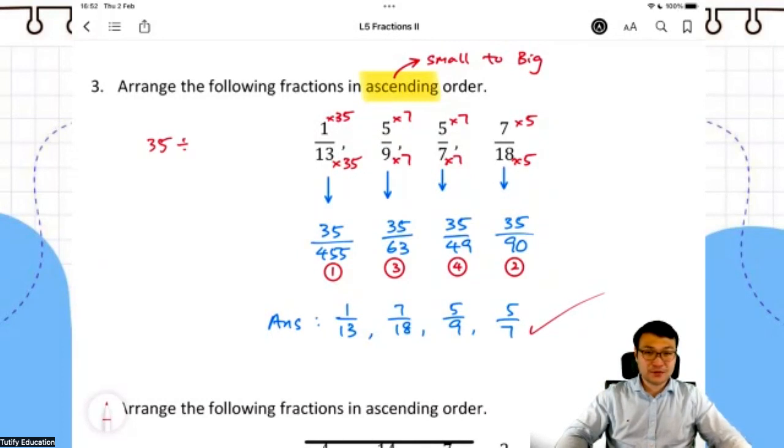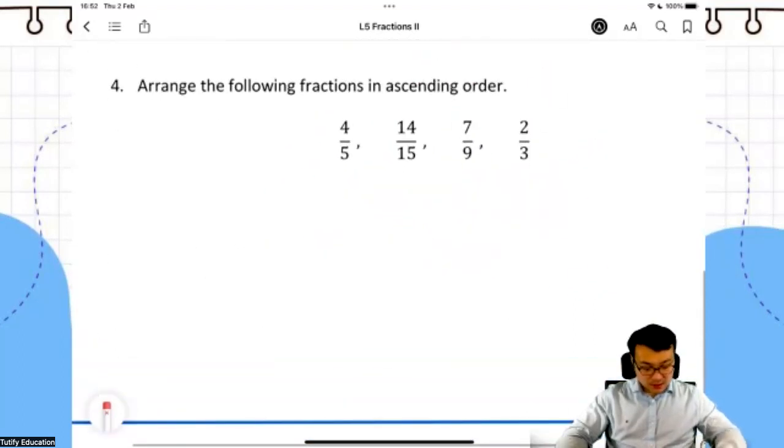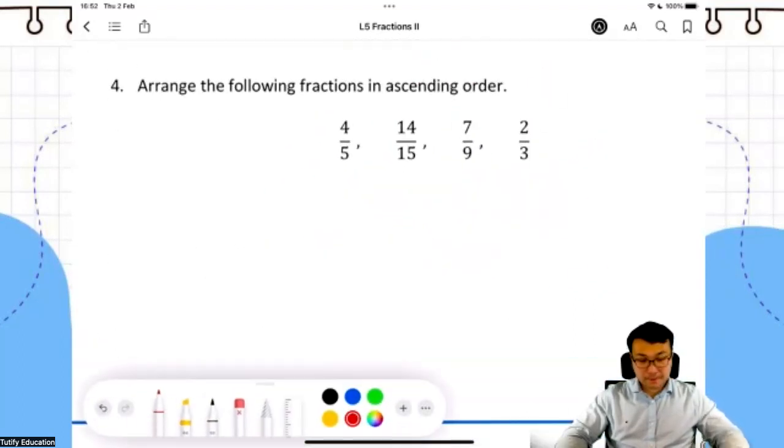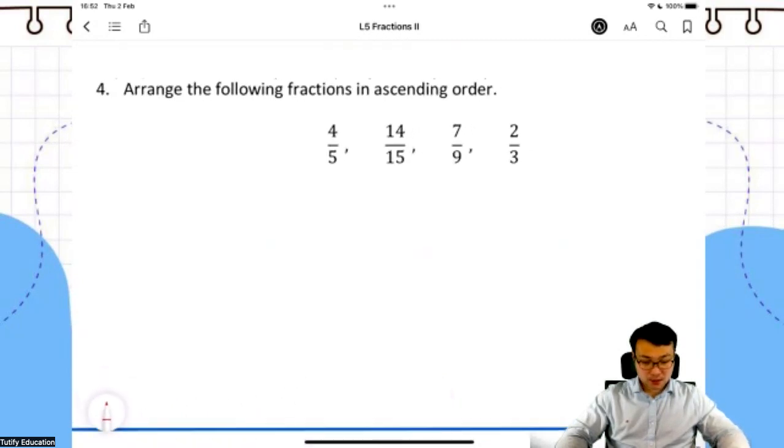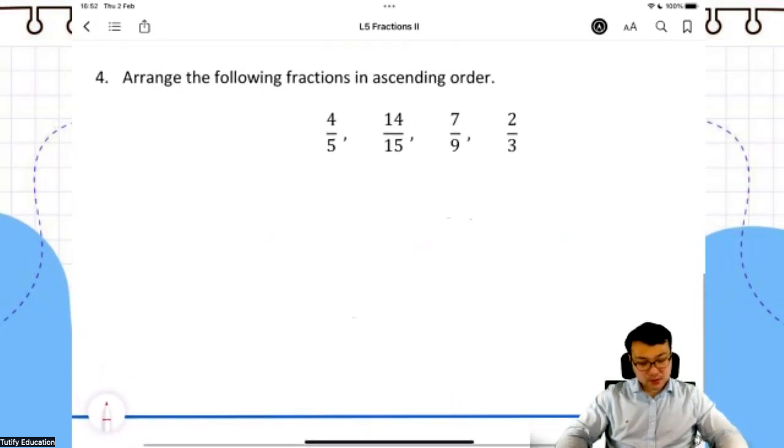Kate, why not you just help me with the next one since you're already here? Okay, Kate, let's do the next one, okay? Are you going to change the denominators or the numerators? Which one seems easier for us to manage? The numerators. Okay, good.